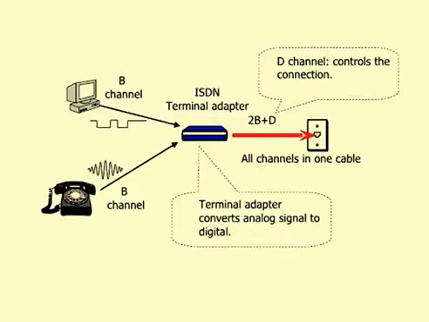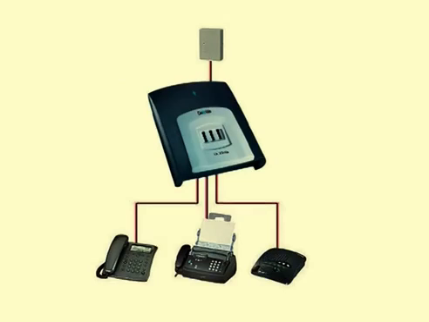The ISDN terminal adapter is necessary because although it uses digital signals, the signals are formatted differently from those used on a LAN. In addition, ISDN can create multiple communication channels on a single line. Today, ISDN is not widely deployed and has been replaced by faster and often cheaper technologies.